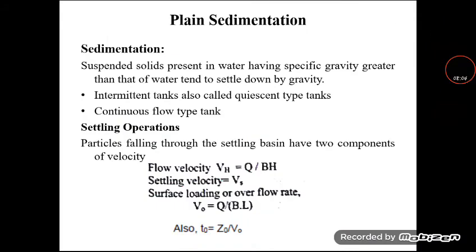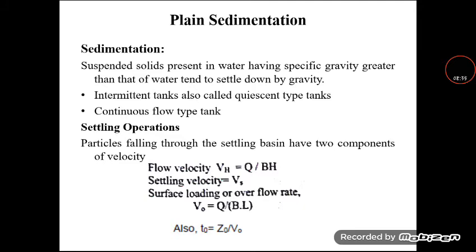Sedimentation is the process used to remove the suspended solids present in the water. We can remove them by two methods: plain sedimentation and sedimentation aided with coagulation. What is the difference between these two? Particles with some specific gravity can settle down by gravity while we reduce the velocity of water.